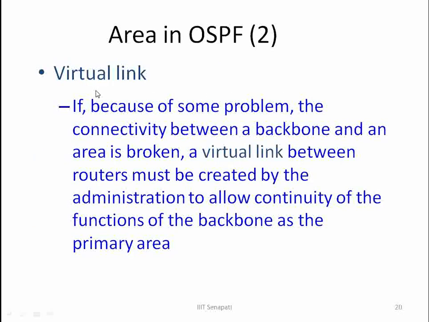One more thing is the virtual link. If because of any problem the connectivity between the backbone and the area is broken, a virtual link between the routers must be created by the administrator to allow connectivity, so the backbone functions as the primary area.